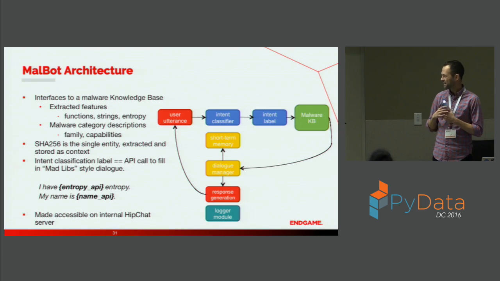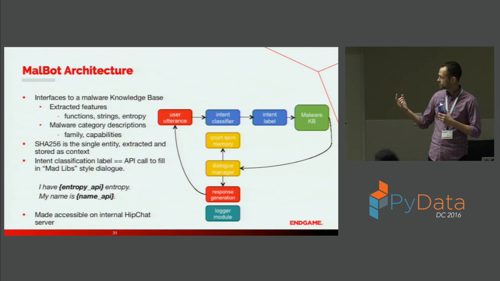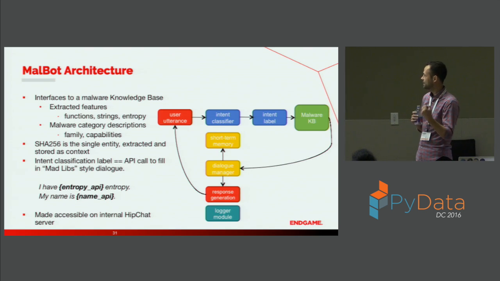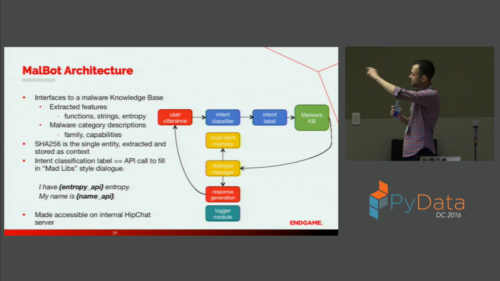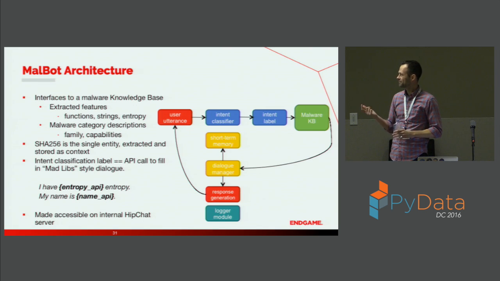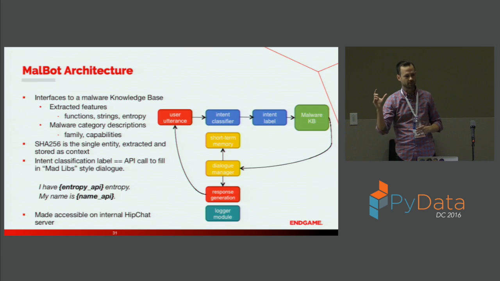And then I did this kind of hacky Mad Libs sort of thing that you see down there, where the intent label is like entropy API. So when entropy API hits, I can query directly with entropy API into the malware knowledge base, grab that data out, and then do a print format or a string replace for entropy API with the actual data.